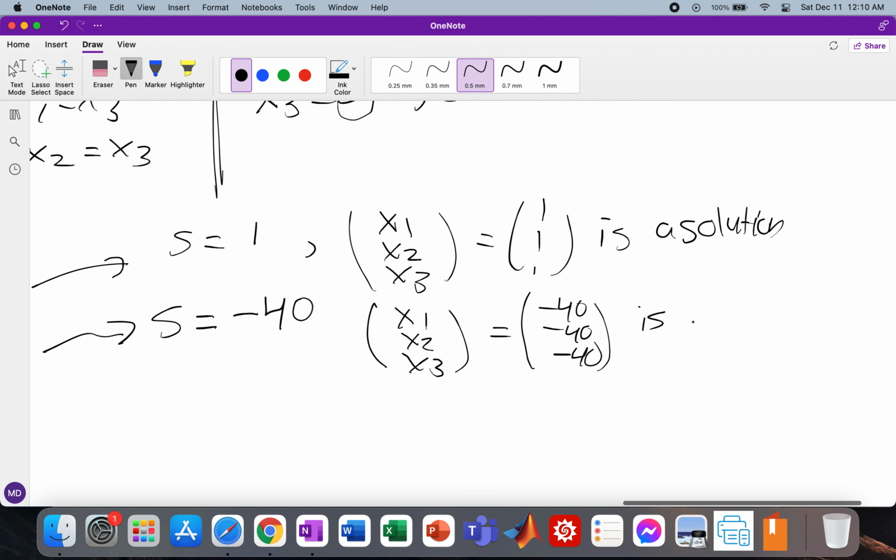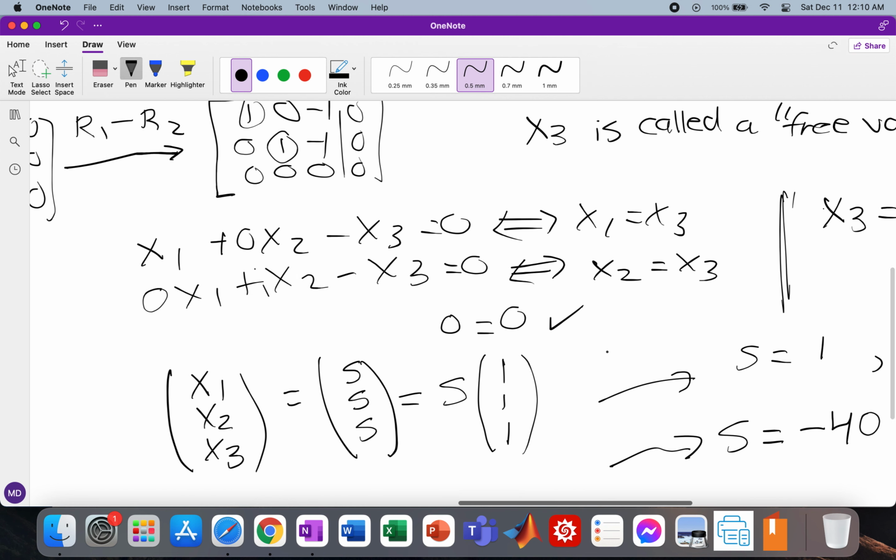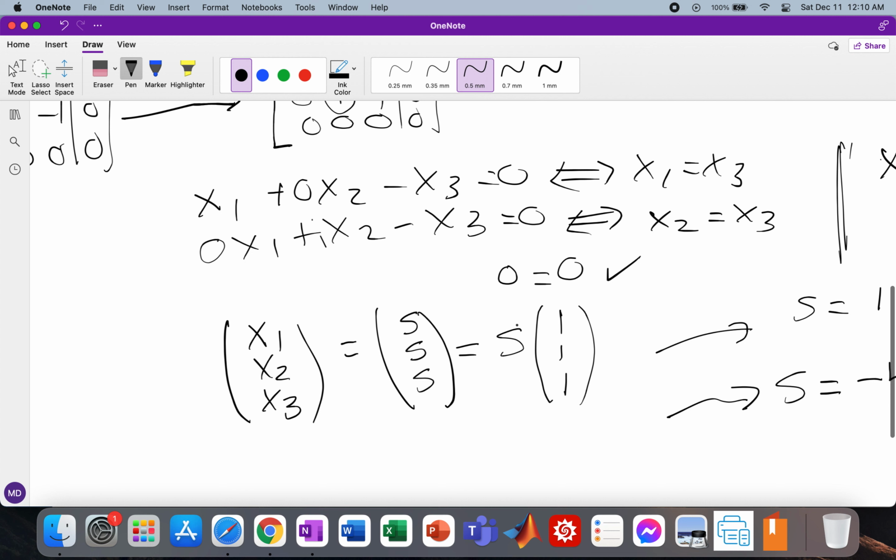So it's a free variable, and any value you pick for the free variable gives a solution. So therefore, there are actually infinitely many solutions to this homogeneous system, and that comes about because this variable is free. It adds infinite solutions because you can have any value of s.